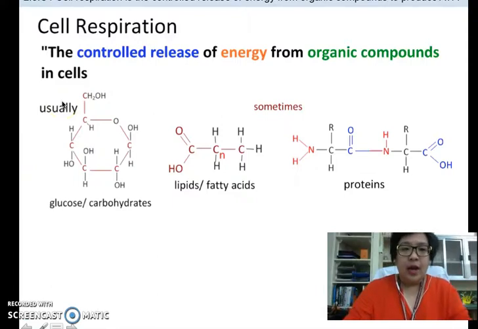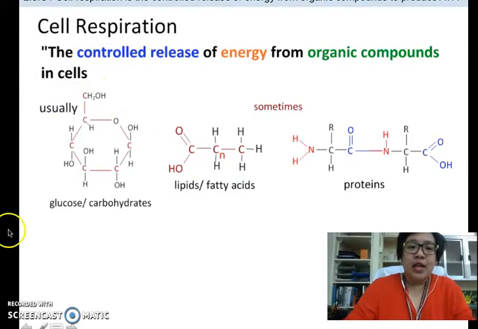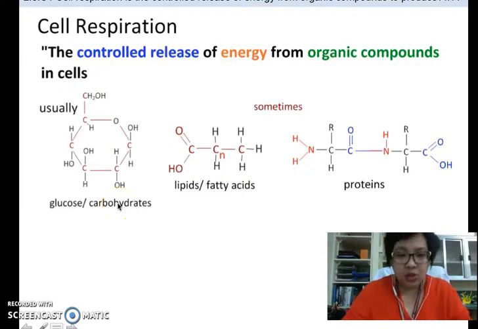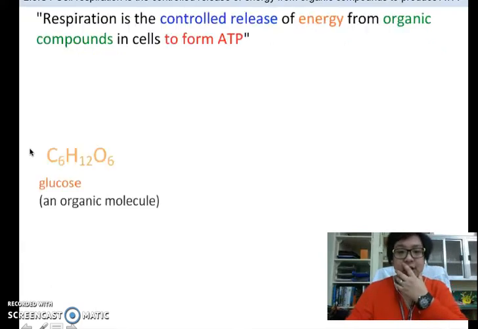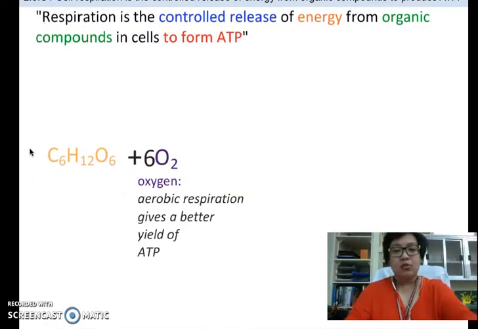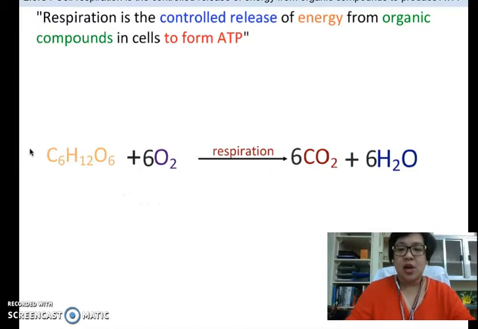All right. So these nutrients, these molecules, you can use as a source of energy. It takes a while to break down lipids and proteins. So our cells normally use glucose as the immediate source of energy. And this is our equation. Glucose in the presence of oxygen releases CO2 and water.